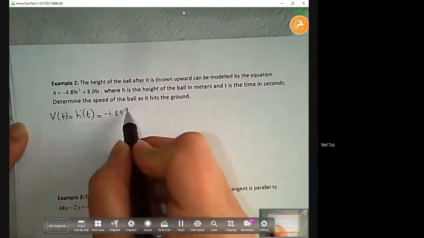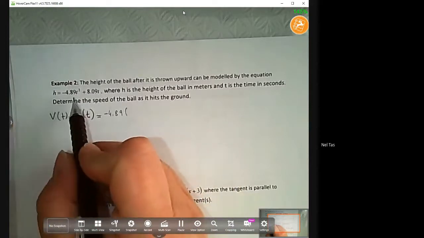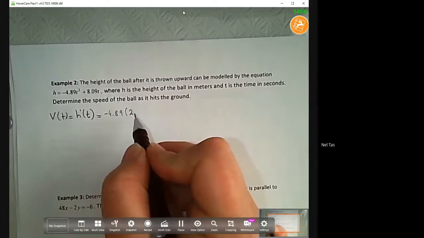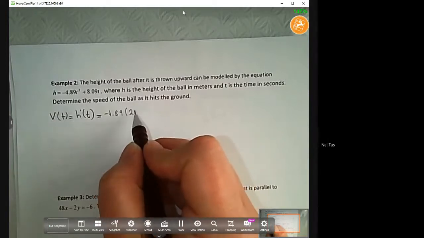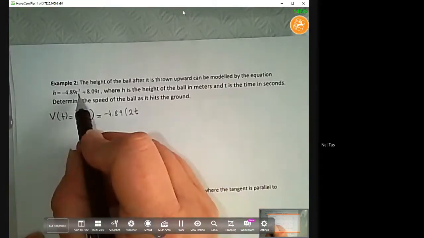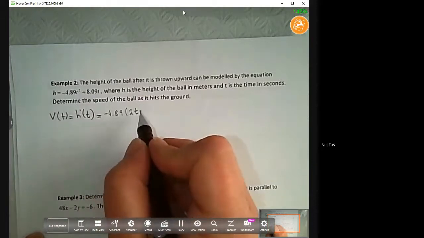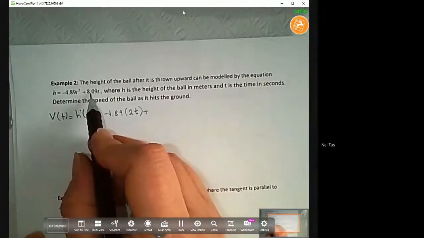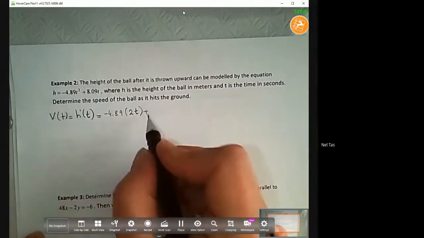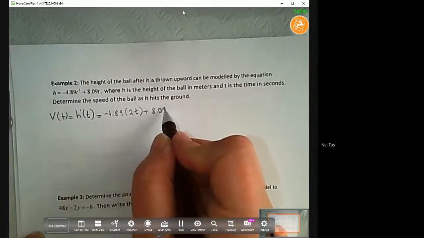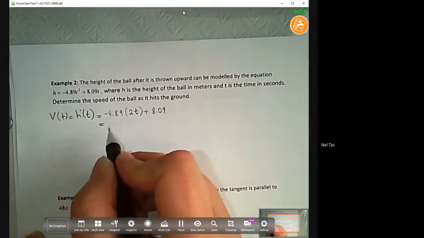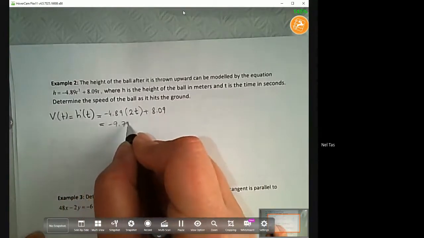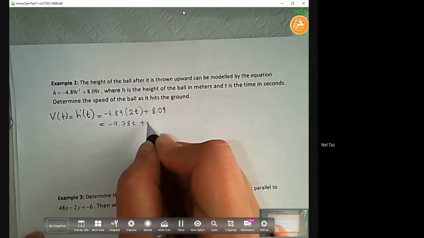Take the derivative of t squared, but drop the exponent and keep the base, decrease the exponent by 1. 2 minus 1 is 1. Plus derivative of 8.09t is 8.09. So this gives you negative 9.78t plus 8.09.